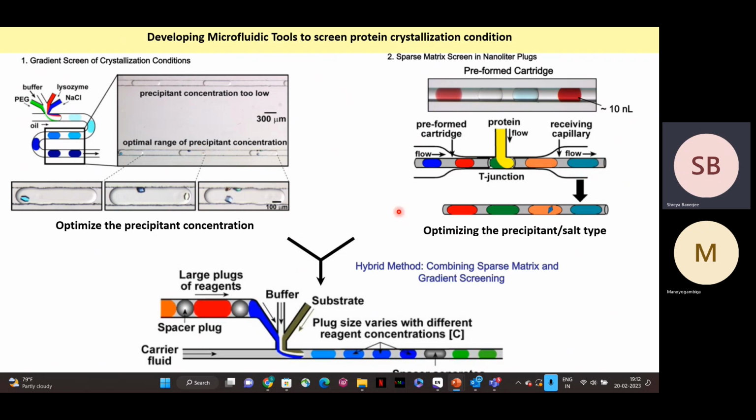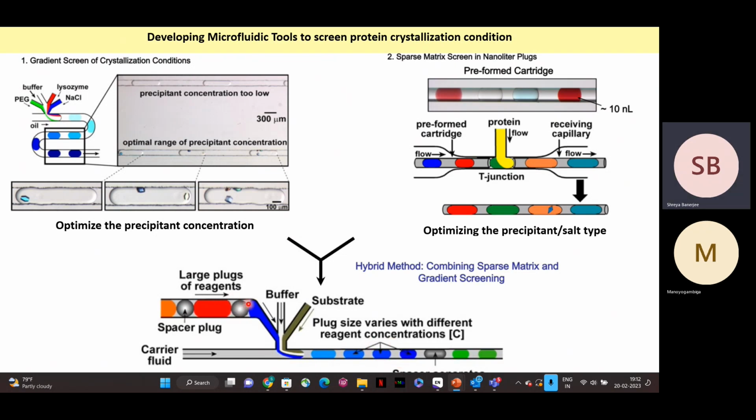Now both these can be combined into a hybrid method, and this combines the sparse matrix and the gradient screening. So what this does is that there are large drops of a certain kind of reagent, and they are separated by these spacer plugs. So you can have a certain kind of reagent, and you vary the concentration of the reagent to optimize the crystallization concentration of this reagent.